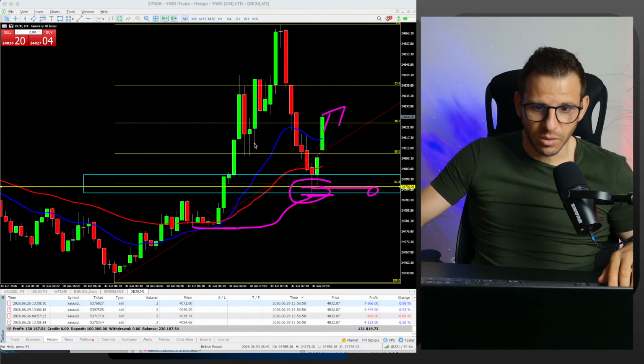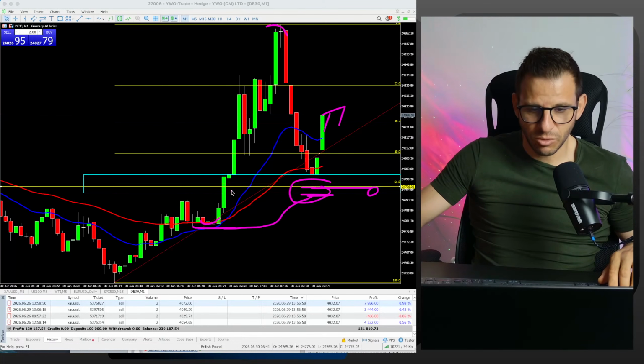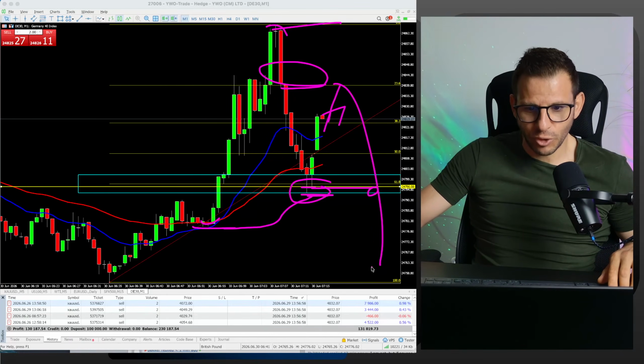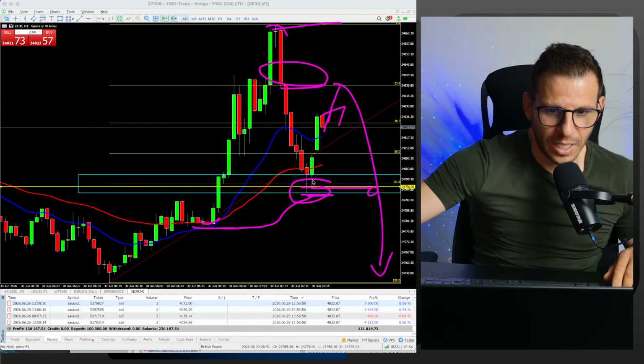Why is that? Because we don't know if this move will be the last one and the price will go here and retrace from a 61.8% Fib and change direction. This is very deep trend analysis.